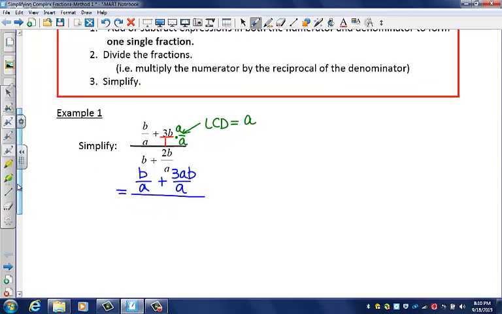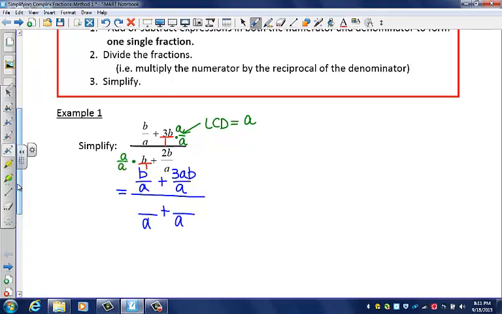I'm going to do the same thing in the denominator. Once again, I've got two terms, and we can think of that b as being over 1. I need two fractions with a common denominator, which once again is a. With 1 and a, the common denominator is a. So I take the first fraction and multiply the top and bottom by a.